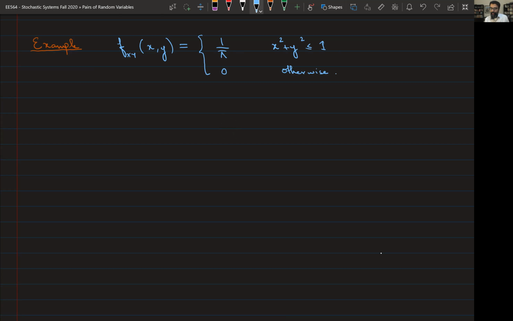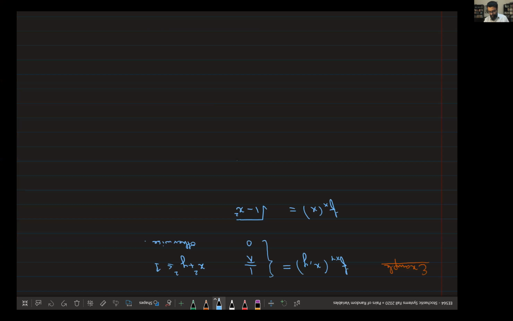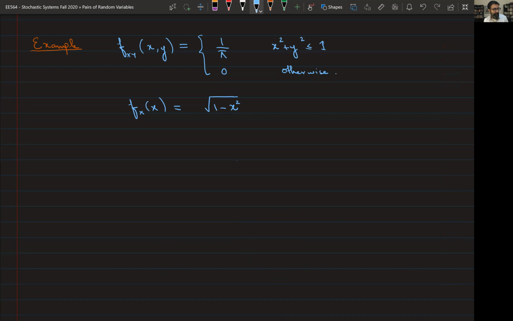And from this, we marginalized over the joint PDF to determine the marginal PDFs, right? So we determined that the marginal PDF of X was equal to, what was it equal to? Root 1 minus x squared, and there was a 2 here, I forget. So 2 upon pi. Yeah.